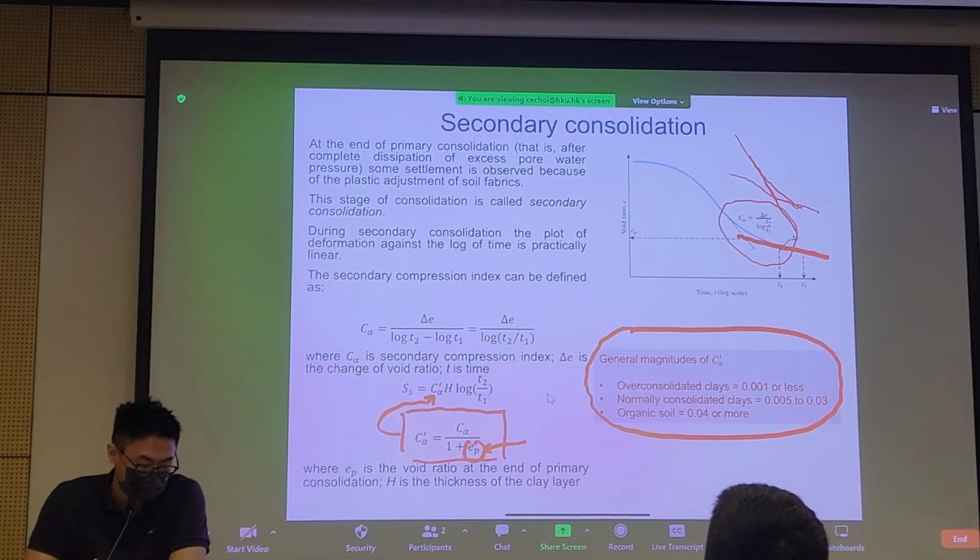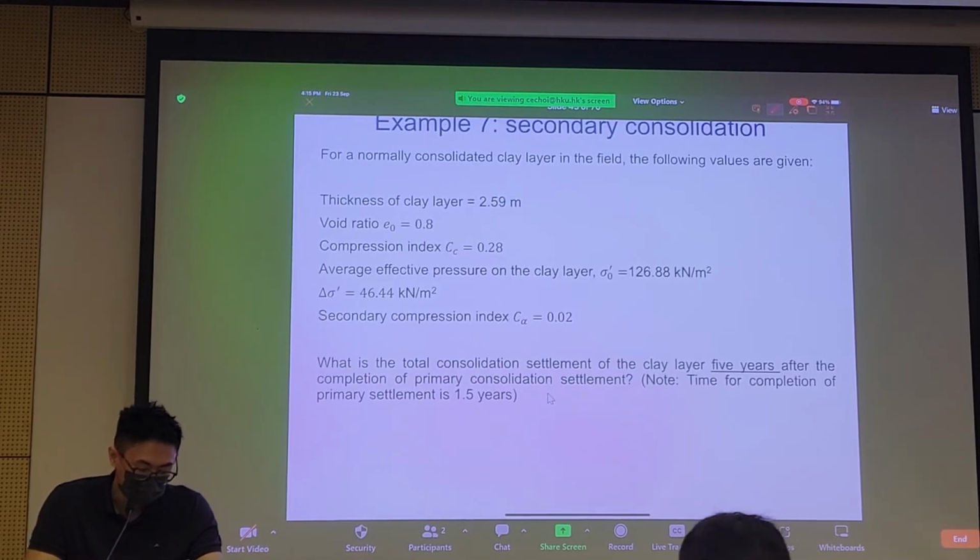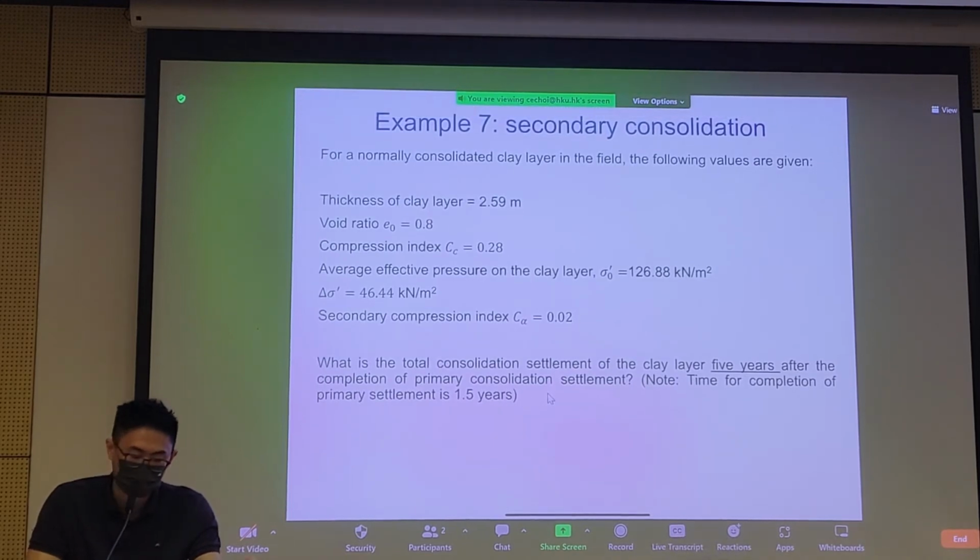And we can use these equations together to do an example. So this last example that we'll do on settlement magnitude, we will look at primary consolidation and creep to see how we can calculate both. So in this question, we have an NC clay in the field.